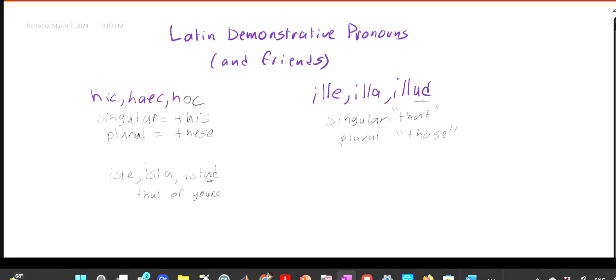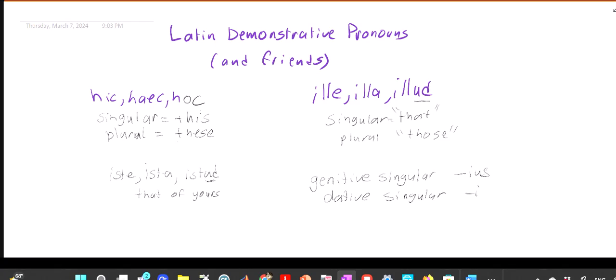Now, let's talk first about how these are declined. What makes them unique is that the genitive singular in all genders ends in ius, and the dative singular ends in i.